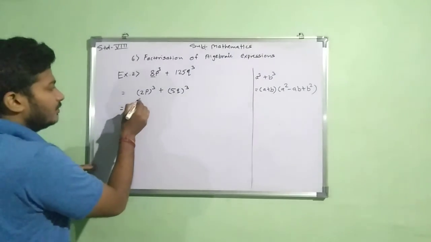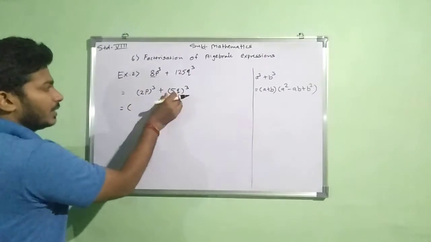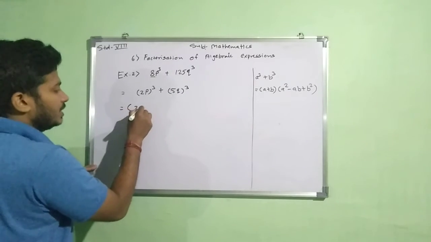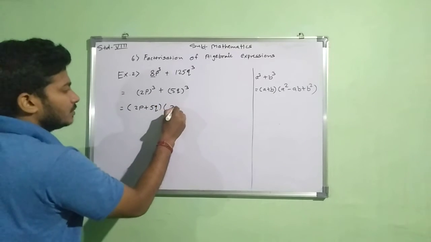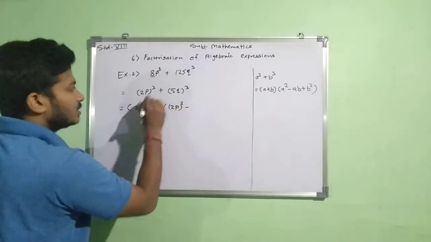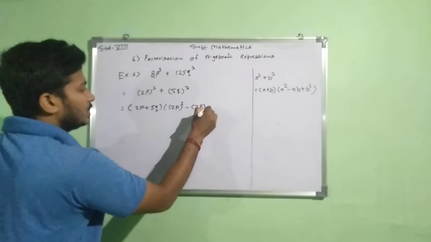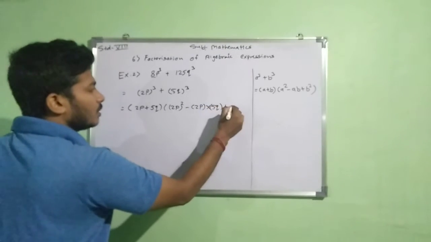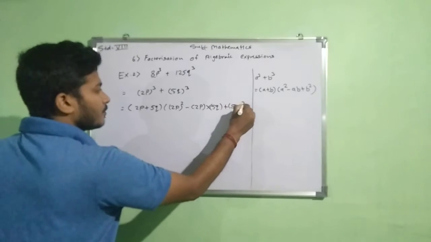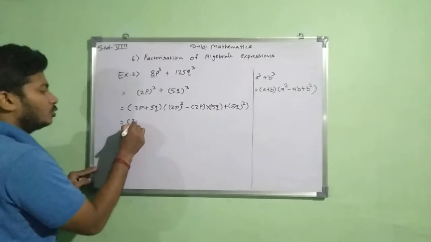In the first bracket, the addition of both terms, which is 2p plus 5q. Now in the other bracket, square of first term, which is (2p) square, minus multiplication of both terms, 2p multiplication 5q, plus square of second term.